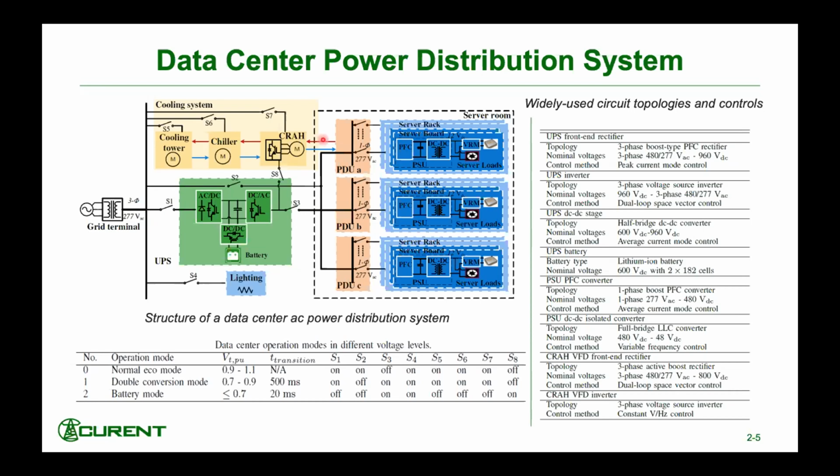And to maintain the air circulation and the cool temperature within the server room, air conditioning will be kept on with the power from the UPS. So these different operation modes change in response to different voltage levels.